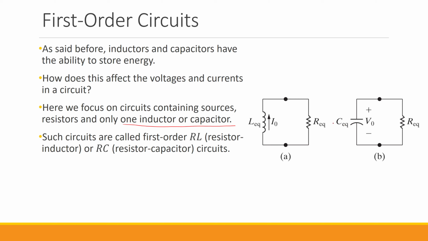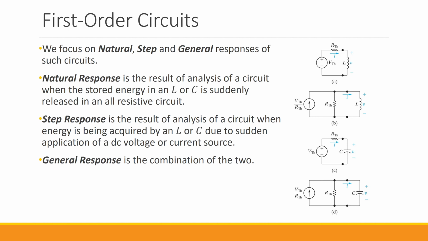Such circuits are called first order RL, or resistor inductor, or RC, resistor capacitor circuits. There are three different types of responses that you can get from these types of circuits: natural, step, and the general solution.